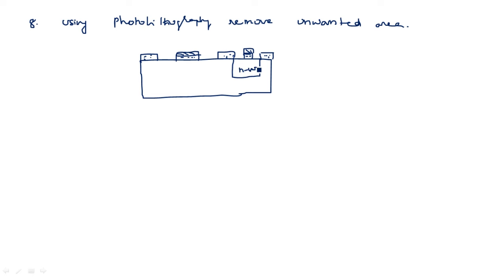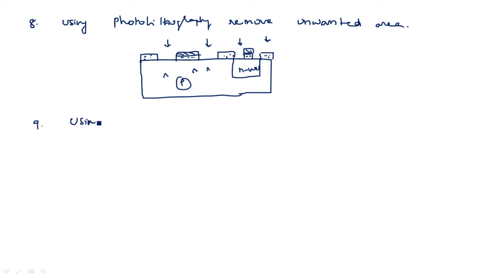So it is the N-well region and it is the p-type substrate. Okay, now here we need to diffuse two N plus regions and here we need to diffuse two P plus regions, so that the NMOS and PMOS transistors are going to be created.